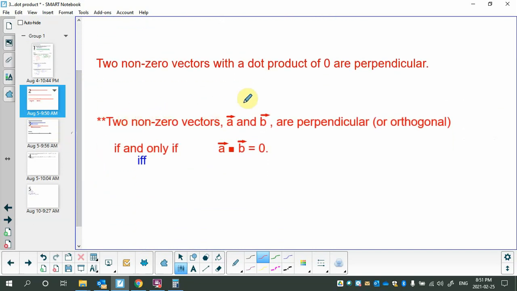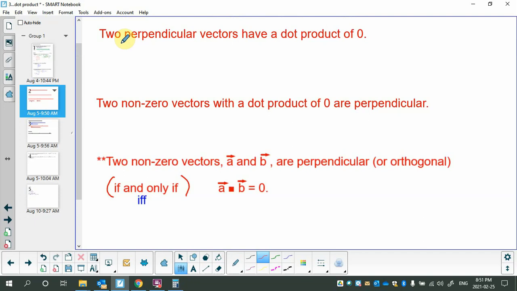Two non-zero vectors, vector A and vector B, are perpendicular if and only if A dot B is equal to 0. So when you see if and only if, that is saying that it doesn't matter which way you read the statement, it is still true in both directions.